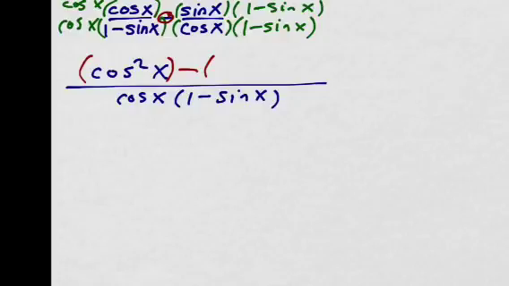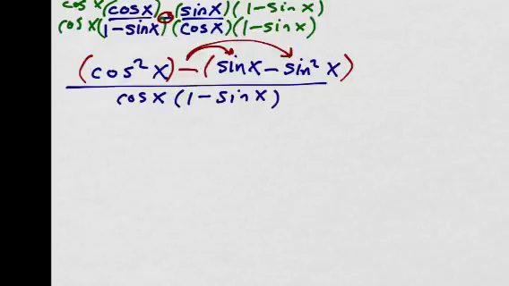On the right, we have sine x times 1 minus sine x, so that's sine x times 1 is sine x, minus sine x times sine x is sine squared of x. I put that in red in the parentheses there just to remind me that that minus sign is going to get distributed across. That's going to give me minus a sine x and then plus a sine squared of x.